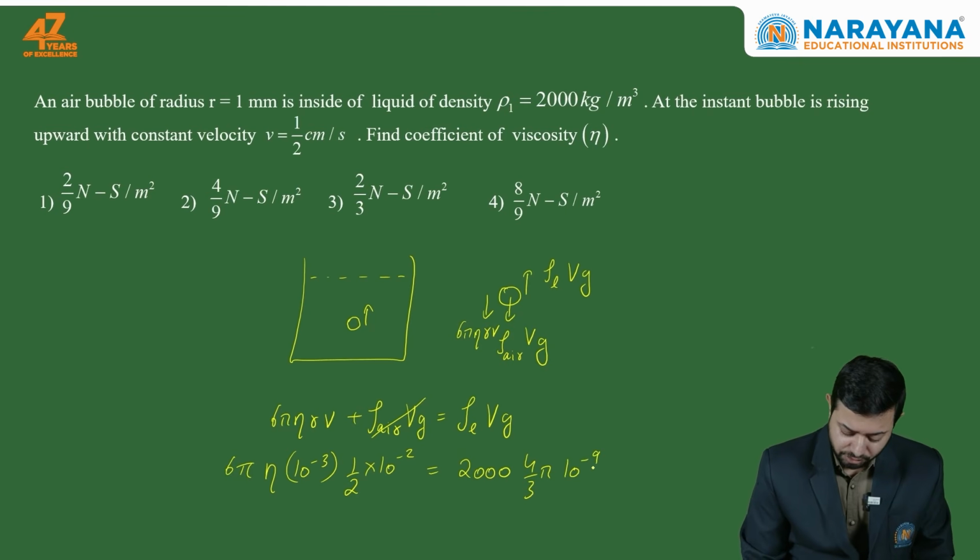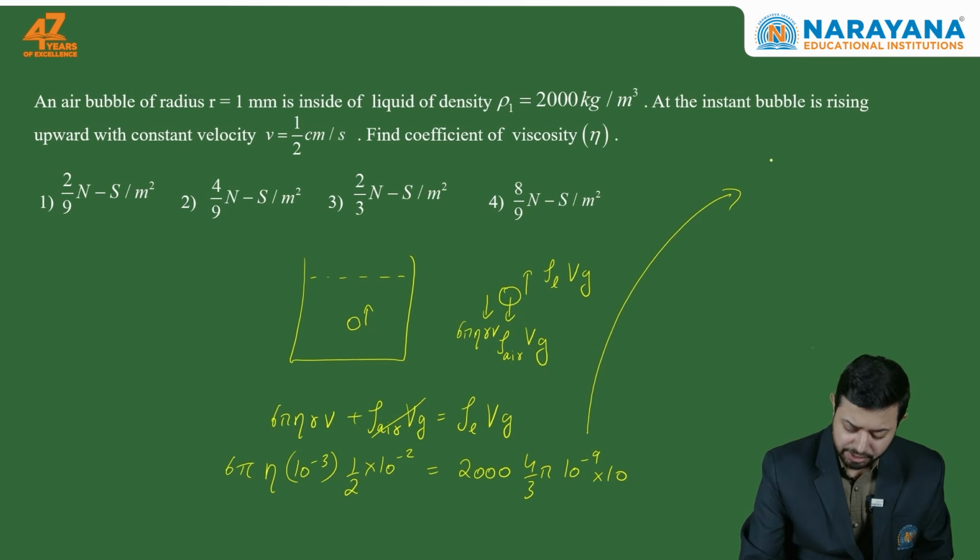So this is overall the picture, and g you can take roughly as 10. If I do this equation, we will get the answer. So let's do the calculation part here now.